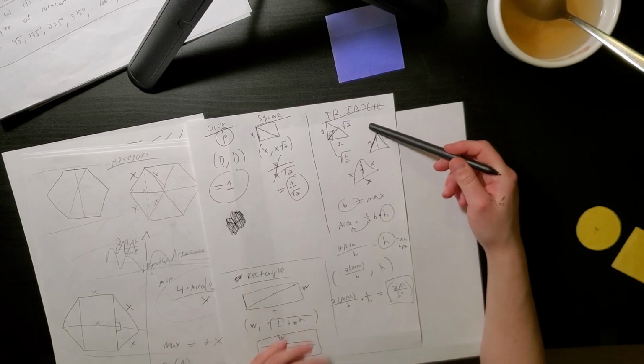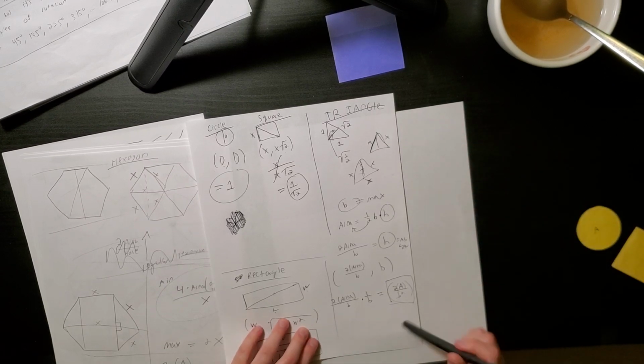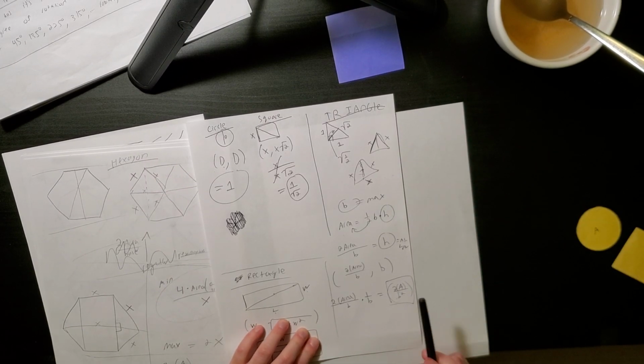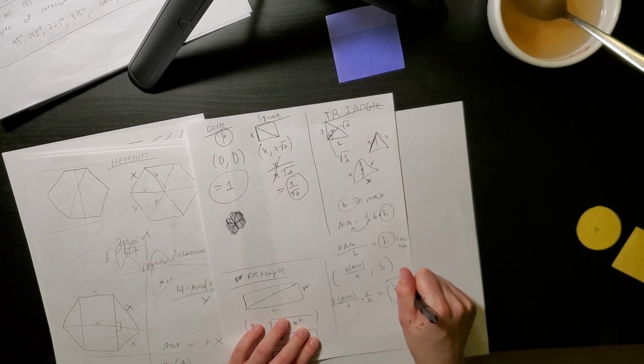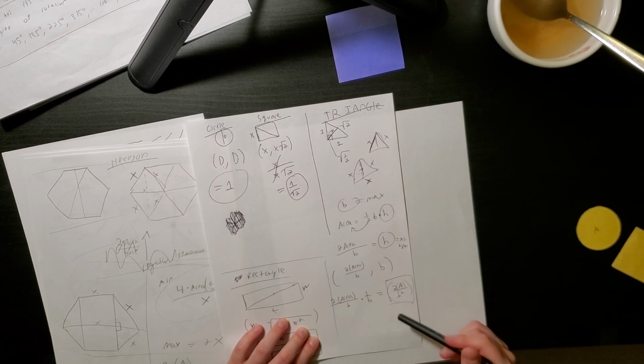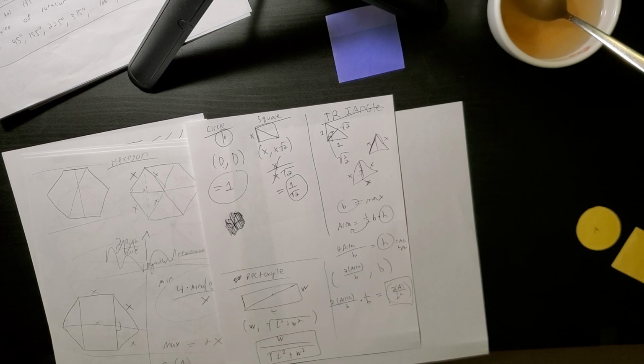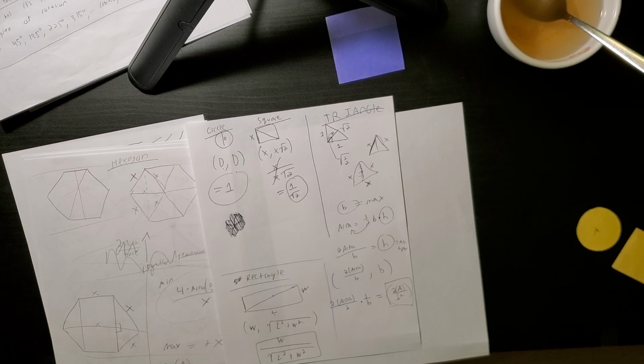We have this triangle over here, and notice how it's based on the area, right? Which is divided by the base squared. How do you find the area if you don't have the height?